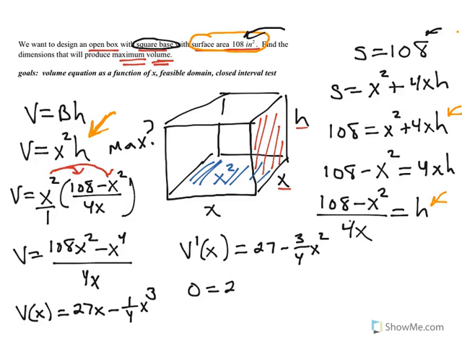And that's going to get us 27 minus 3/4 x squared. And let's solve this, so subtract 27, and multiply by the reciprocal.